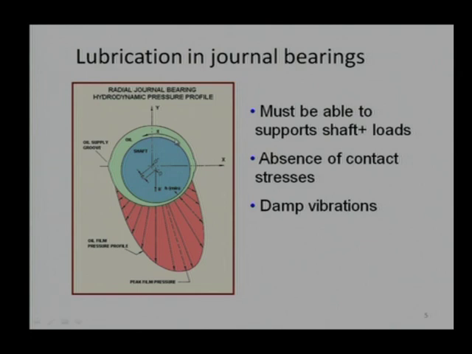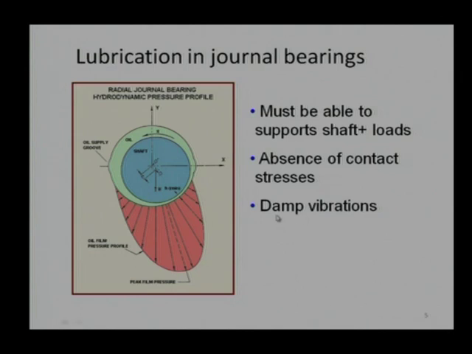And what is the additional requirement from the lubricant? It should support the shaft plus load: the dead weight of the shaft, and whatever other element is transmitting load on the shaft, should be supported by the lubricant used for the bearing.